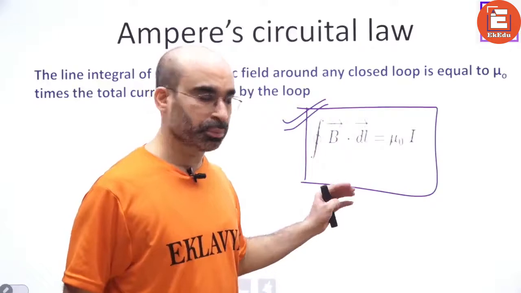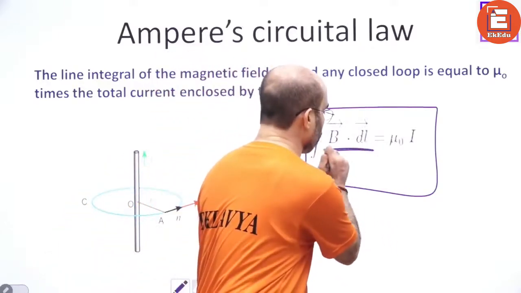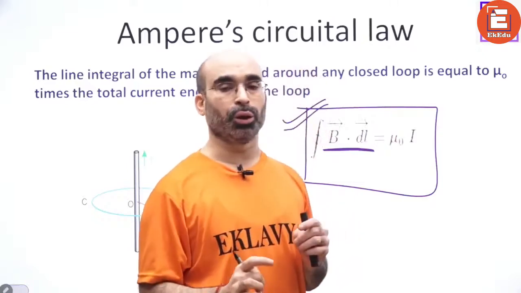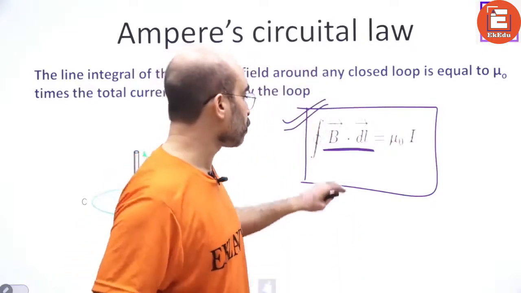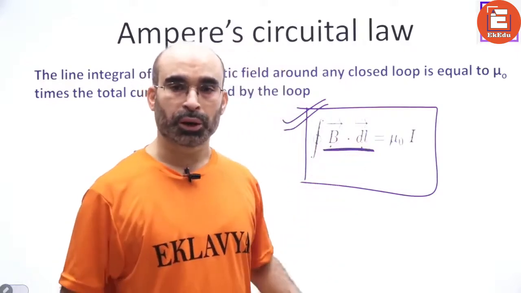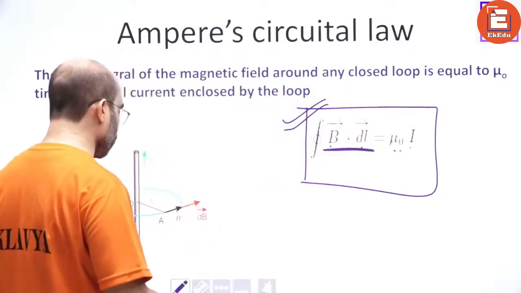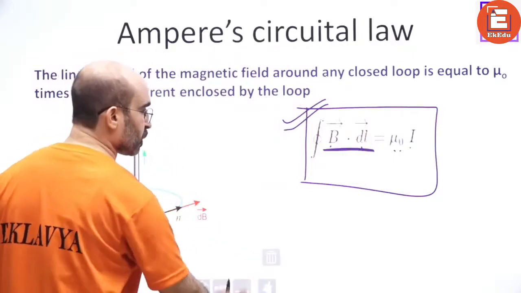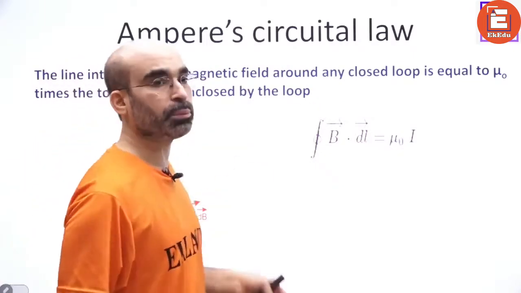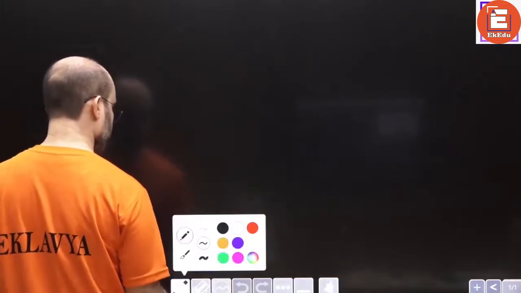It is very simple to understand: this is what we call the line integral of the magnetic field, that is, the dot product of the magnetic field and the length of the loop, and this is equal to mu naught times the current. Now we have to understand how this law can be proved.